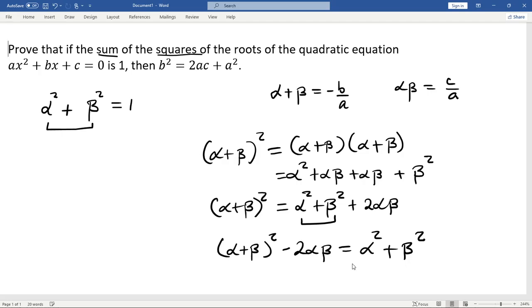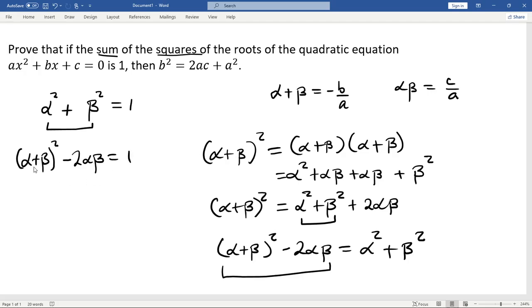So therefore now we get this expression, we sub it into what we have there. So meaning that where there's alpha plus beta squared, we're going to put this whole expression. So here we're going to have alpha plus beta squared minus 2 alpha beta is equal to 1.